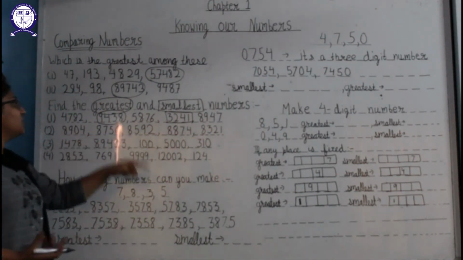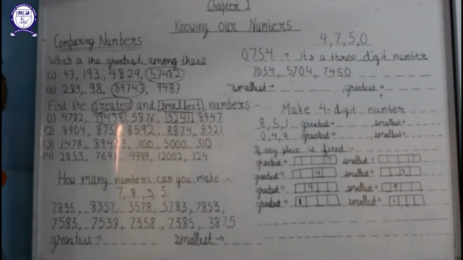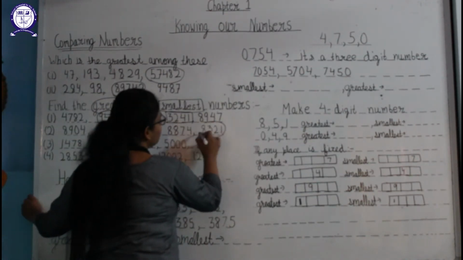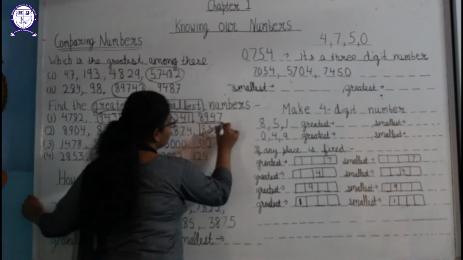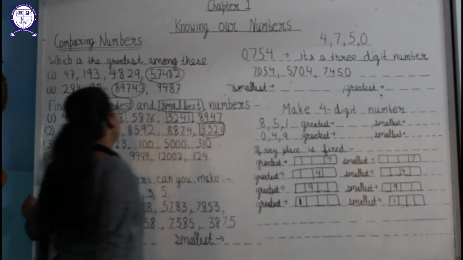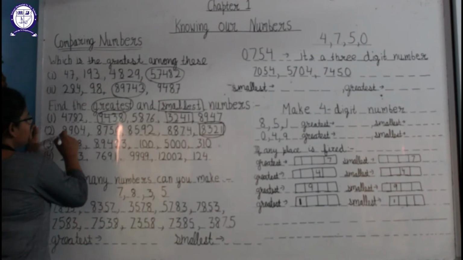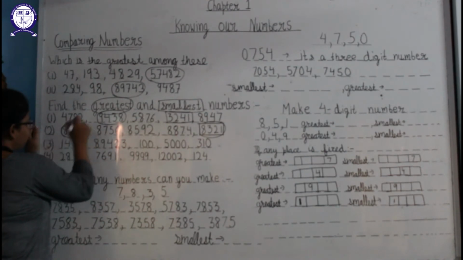Among all these, 3 is the smallest digit. So 8,321 is the smallest number. And the greatest one will be 8,904.